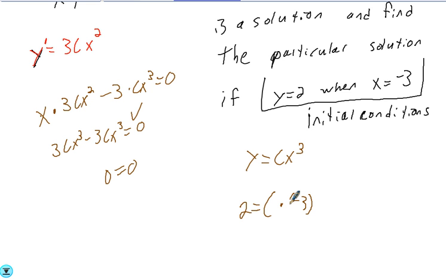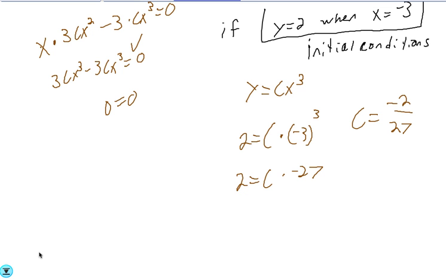So then we get 2 equals c times negative 27. So then c equals negative 2 over 27. So then the actual particular solution is y equals negative 2 over 27 x to the third.